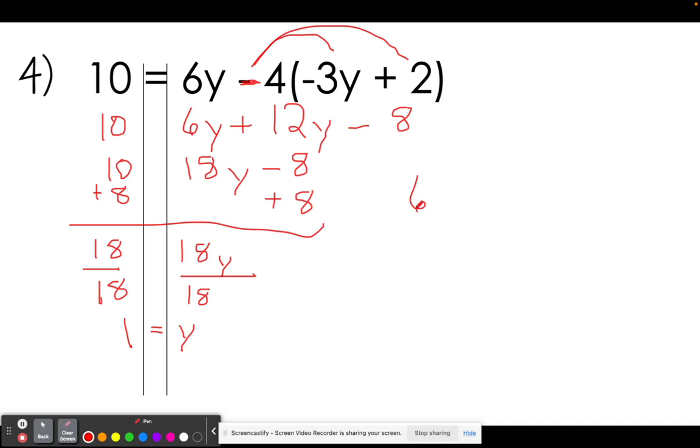6 times my variable 1 minus 4 times negative 3 times 1 plus 2.